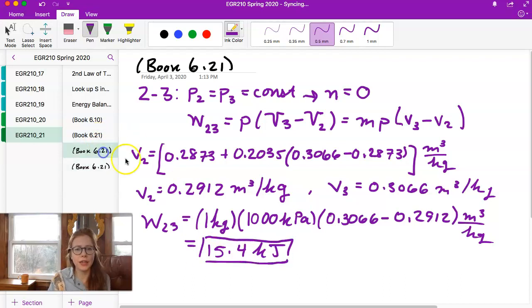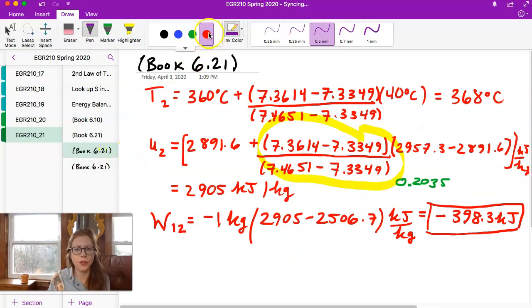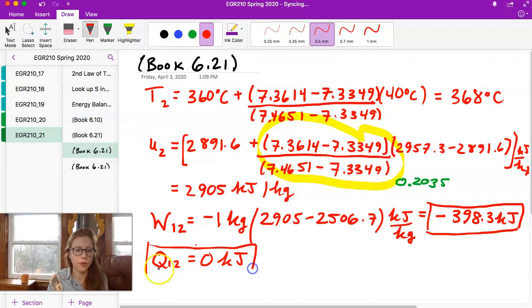And let me just go back here and make this completely clear, because we're supposed to find work and heat transfer for each process. So Q12 is 0 kilojoules because delta S is 0. Okay, almost there.